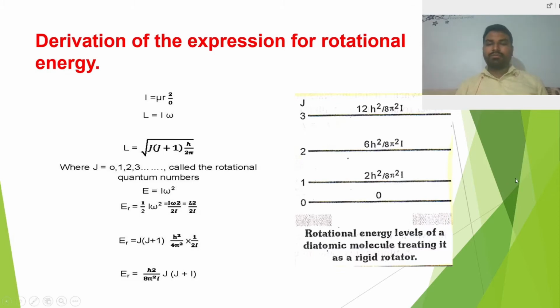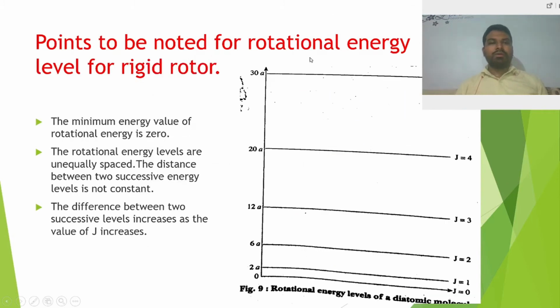Next, points to be noted for rotational energy levels of a rigid rotor. The minimum energy value of rotational energy is 0. What is the minimum energy value over here? See, it is 0, meaning j is equal to 0. The rotational energy levels are unequally spaced.